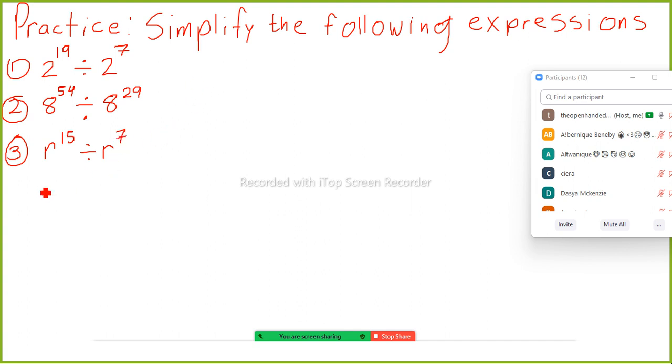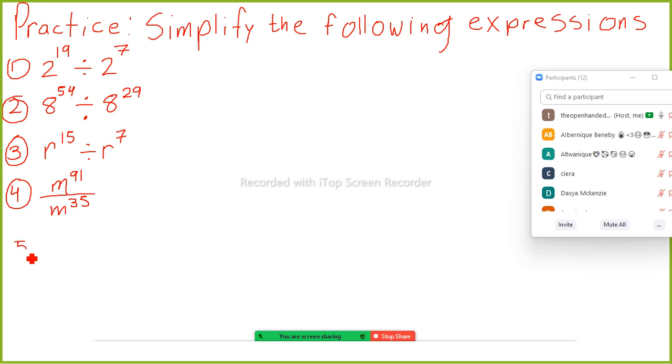And then what if we have, say, m to the power of 91 divided by m to the power of 35.